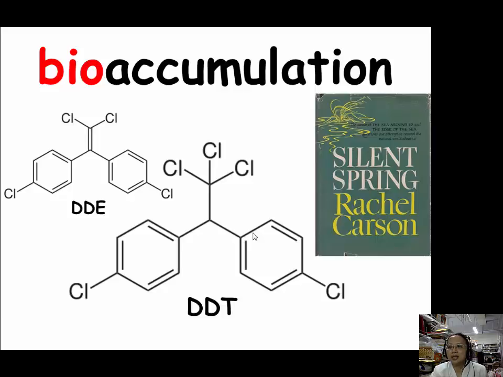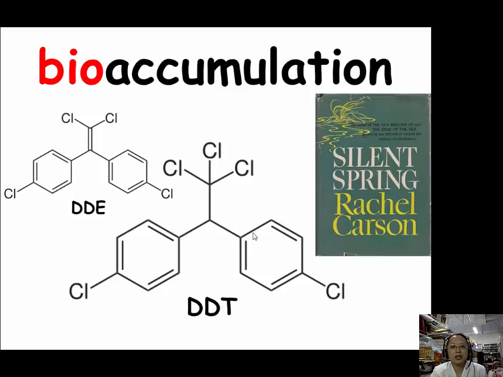DDT is a persistent organic pollutant that is readily absorbed to soil and sediment, which can act both as sink and as long-term sources of exposure affecting organisms. Depending on the condition, DDT's soil half-life can range from 22 days to 30 years.